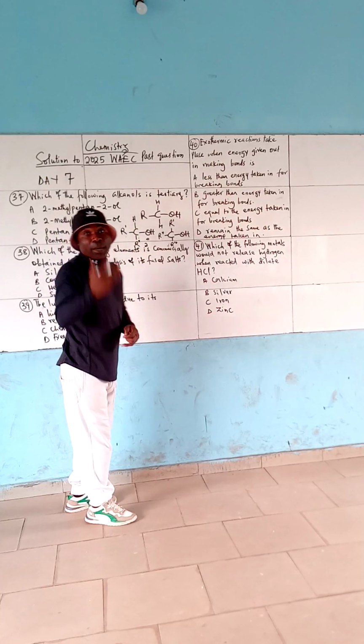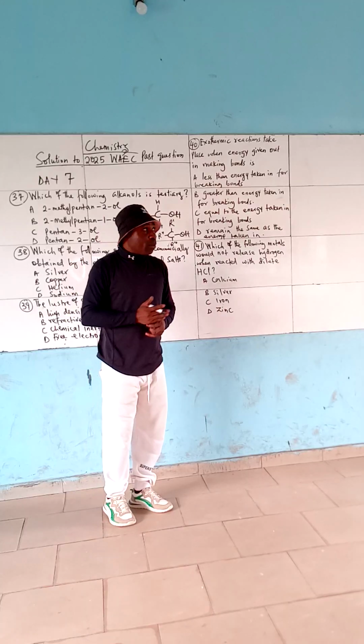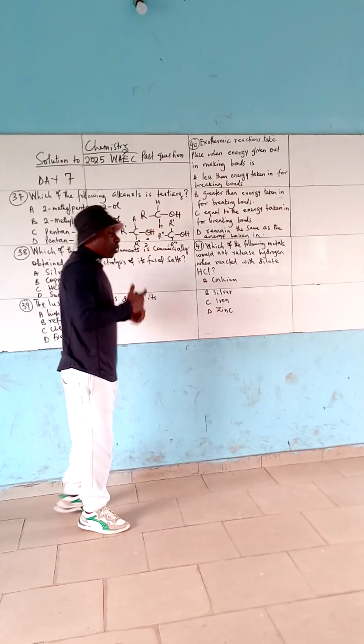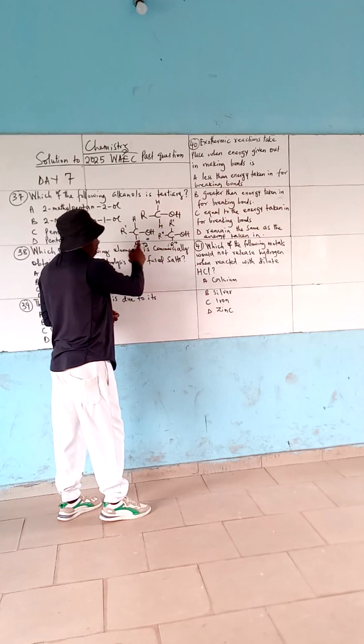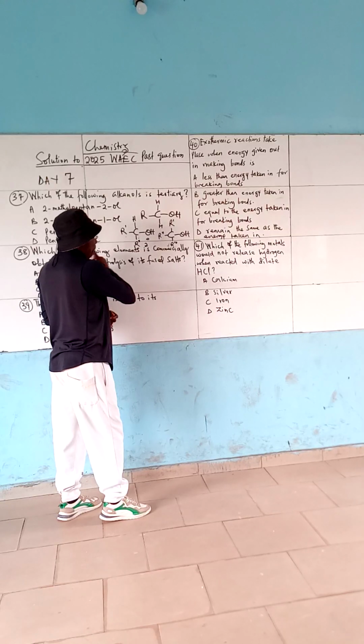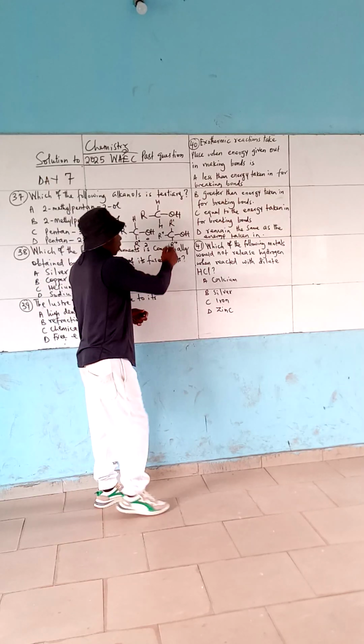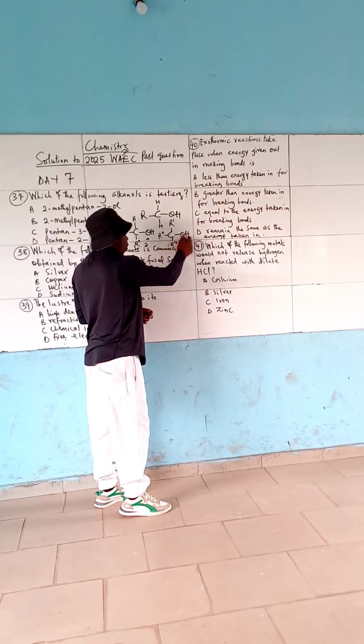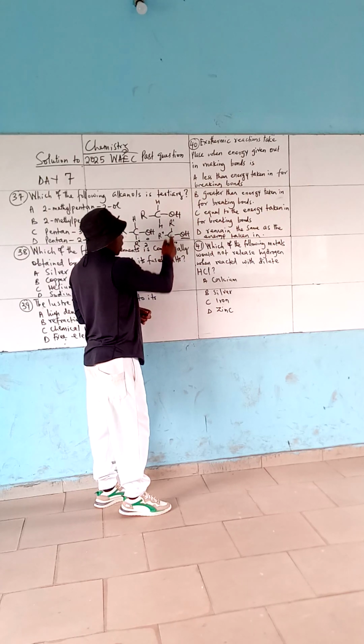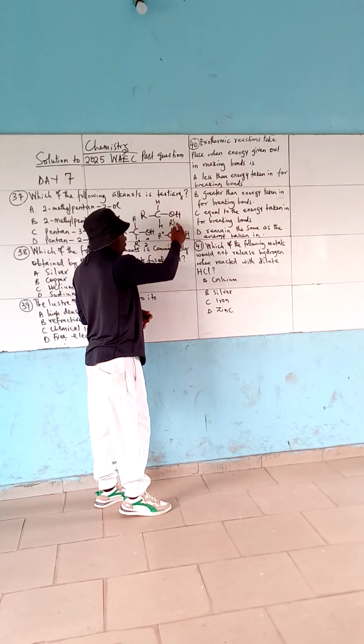An alkyl group can be a methyl group, an ethyl group, a propyl group, and so on. Then in tertiary, the carbon atom bearing the functional group OH, which is a hydroxy group, has 3 alkyl groups, made of 3 substituents, R'1, R'2, and R'3.